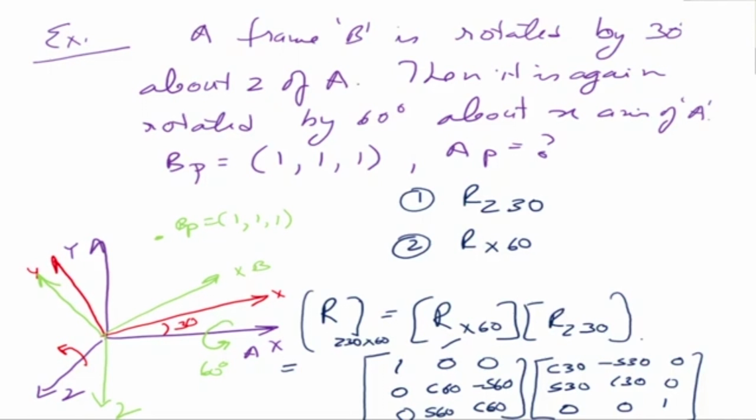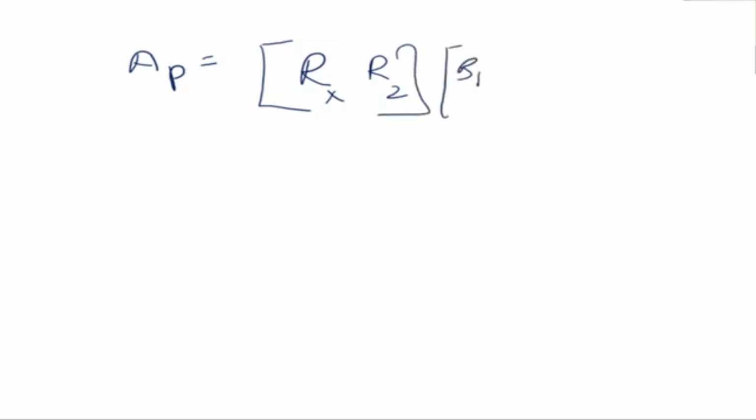So what will be the answer to the problem? AP is equal to the combined rotation matrix R. The order was X, and then Z, in that order, into BP, which is equal to whatever matrix you get. I can write it again.